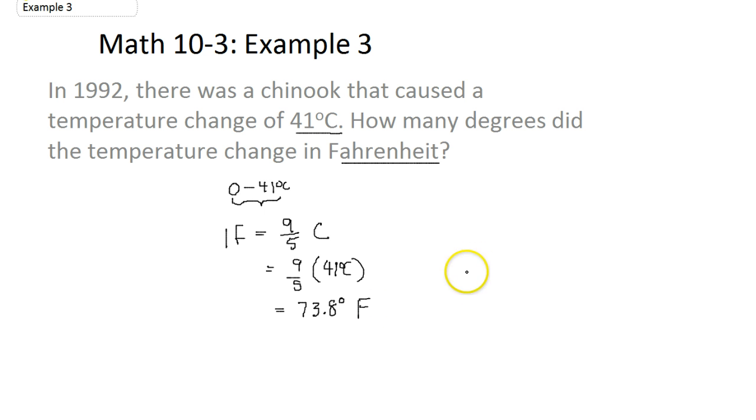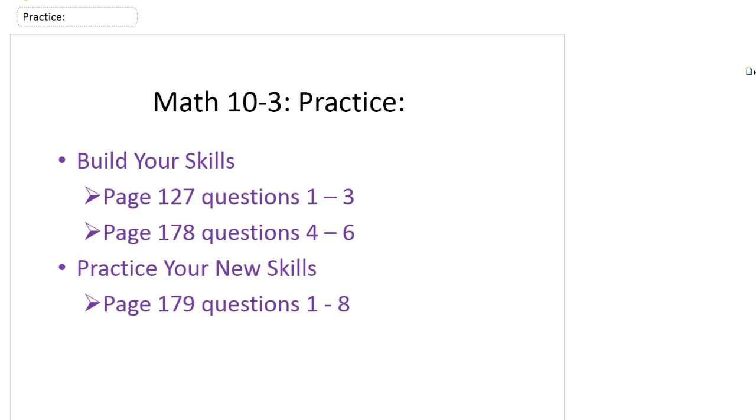Now, this is an adaptation of a question that you're going to do in your practice. It's on page 181, number 5, and it has you calculate the low temperature and the high temperature, and then see if the temperature change works out exactly right. So let's take some time and do some practice. You're going to build your skills.